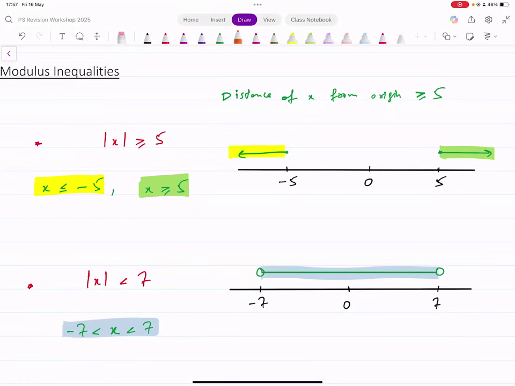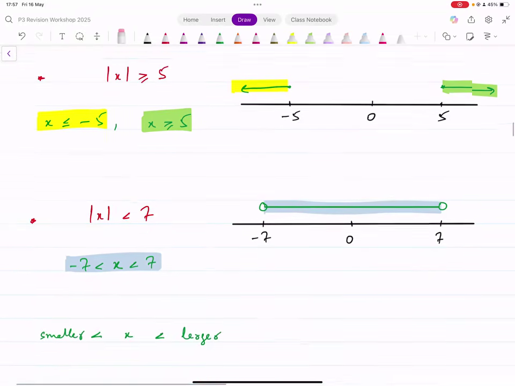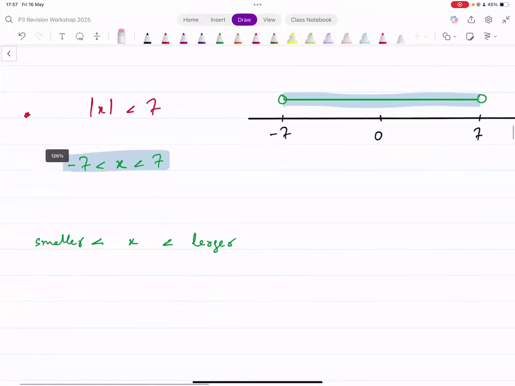For example, in the first case, you have two separate regions. One is on the left side, another is on the right side. When you have two separate regions, you write down your answer as two separate inequalities. When you have a single region, you write that as a single inequality, and it's written such that the smaller number is on the left side. This is the convention that you always need to follow.